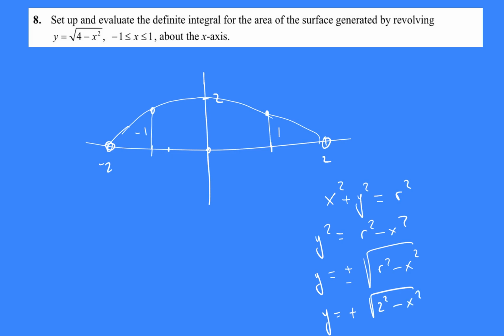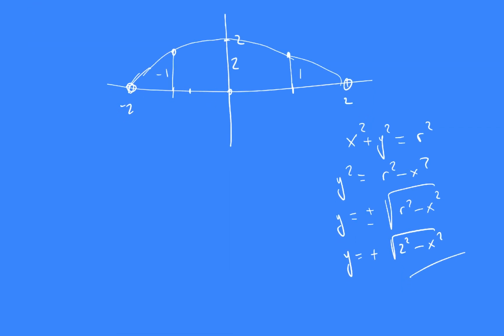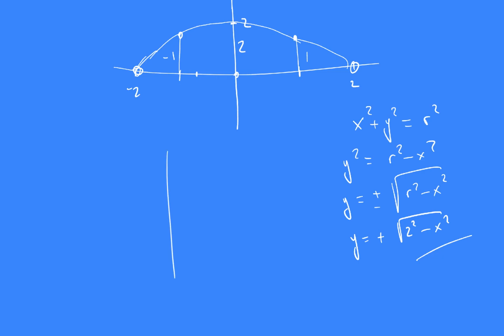So this equation corresponds to the top part of the circle. So if this is a circle, okay, this is 2, and this is also 2. So the radius is 2. Sorry about my picture, it's a complete circle, but the upper part is the function. The radius is 2, 2, 2.